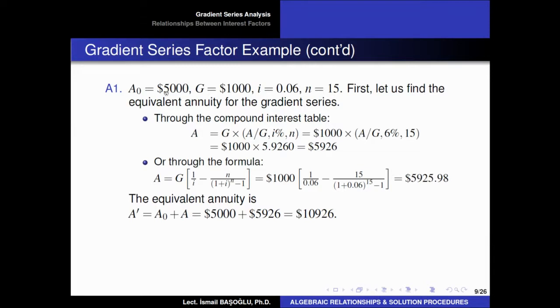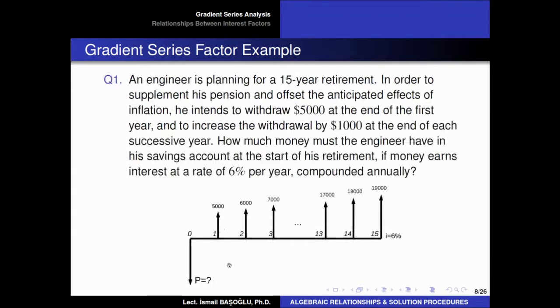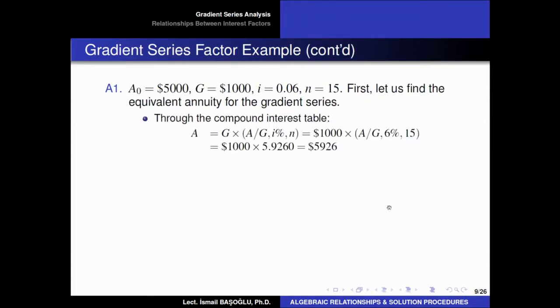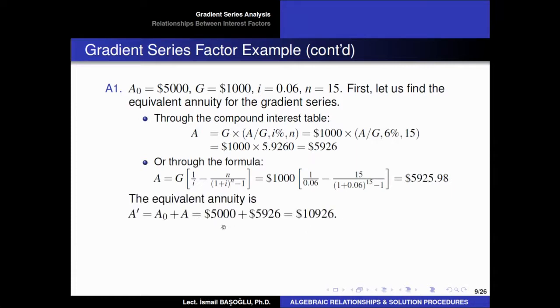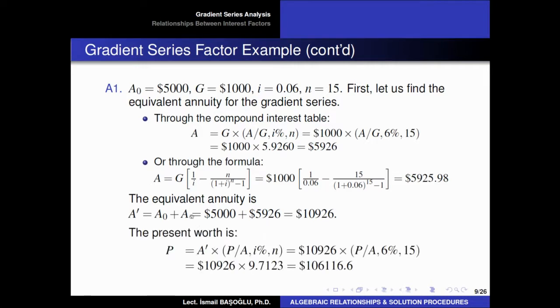So instead of starting with a payment plan of the $5,000 base amount and an increase of $1,000 in each subsequent year, what the engineer can do is take a uniform amount for 15 years in the size of $10,926, because the $5,000 will also remain in the other part, and the gradient increases are converted to uniform amounts of $5,926 at the end of each year. So this is the equivalent annuity.